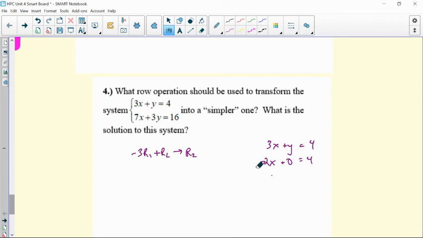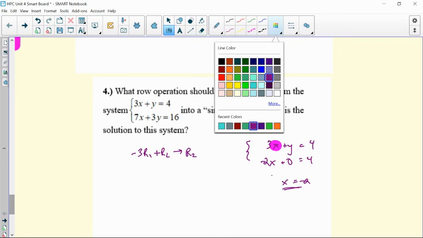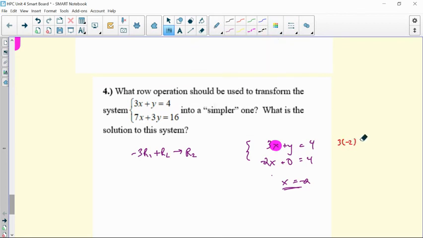So right now I still have 2 equations, but this one tells me that -2x plus 0 equals 4. Oh, that means x is -2. And once you know what x is, you can always go back and substitute it into the other equation right there. So 3 times -2 is -6, plus y equals 4.